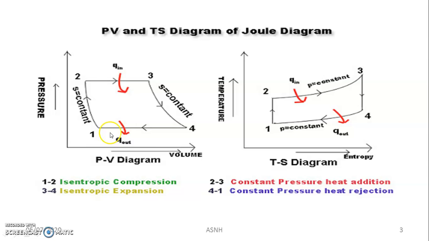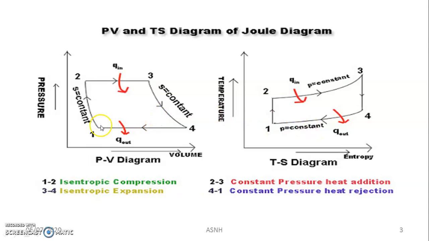The remaining two, process 3-4 and process 2-1, are isentropic processes. In the TS diagram, process 1-2 and 3-4 are isentropic processes, and process 2-3 and 1-4 are constant pressure processes.